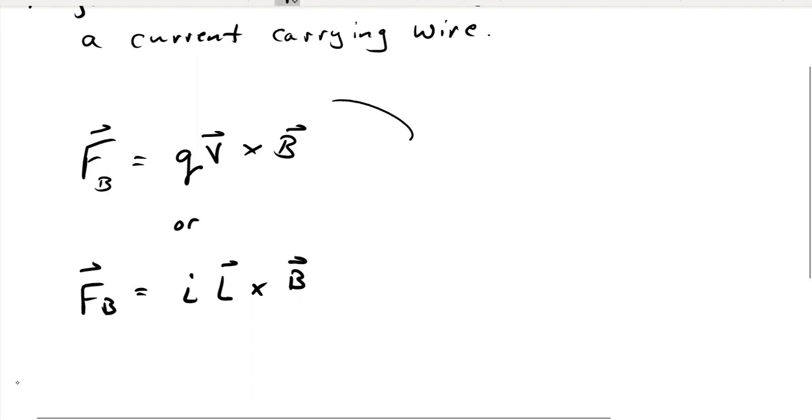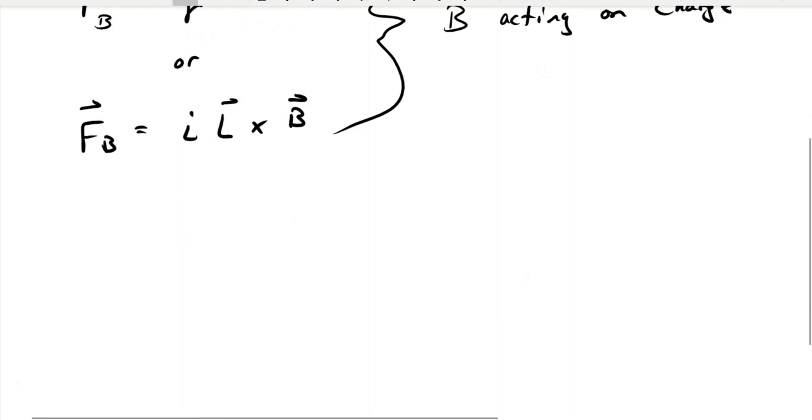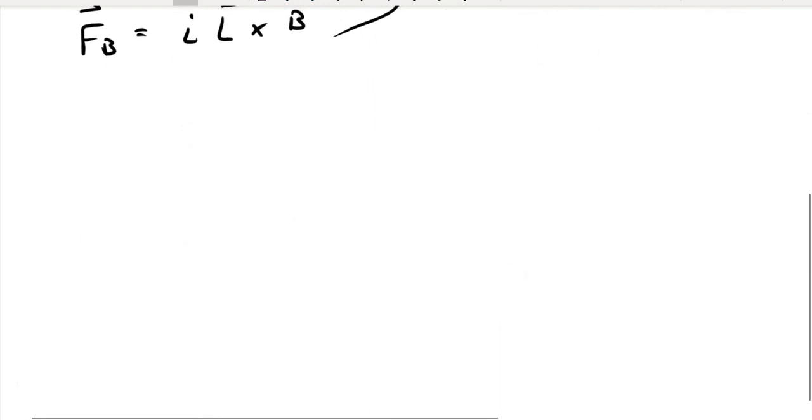But in each of these cases, what we have is a magnetic field acting on charge, and we don't yet have a good grasp of where this exterior magnetic field came from. We've talked a little bit about how magnetic fields will form if we have electric charge moving in a circle.